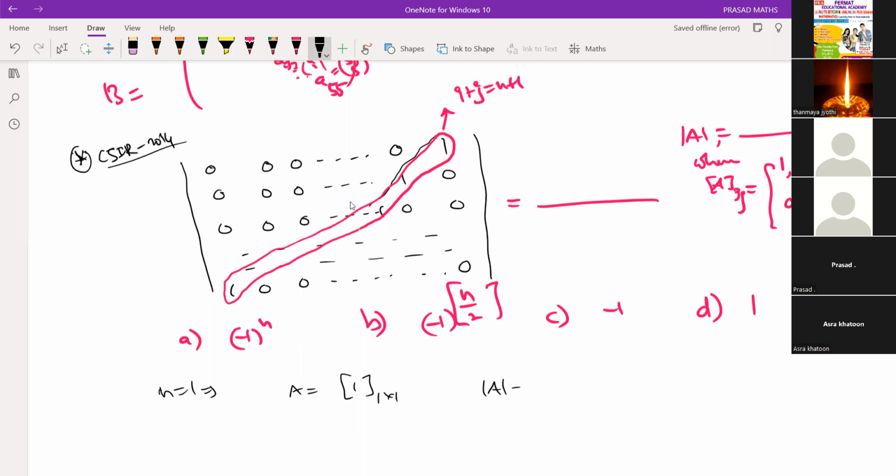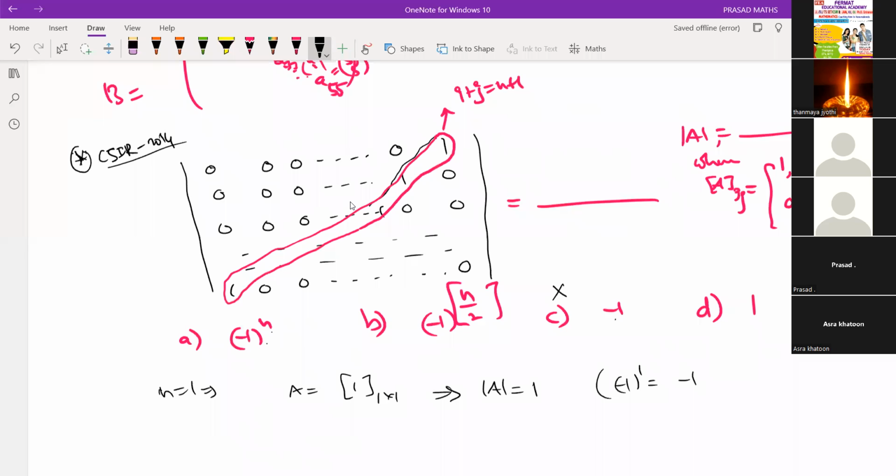What is det of 1? 1. Therefore, this option failed because det of 1 is not minus 1. Similarly, this option also failed because for n equals to 1, what is minus 1 whole power 1? Minus 1. This cannot be. Therefore, the first option is also false.